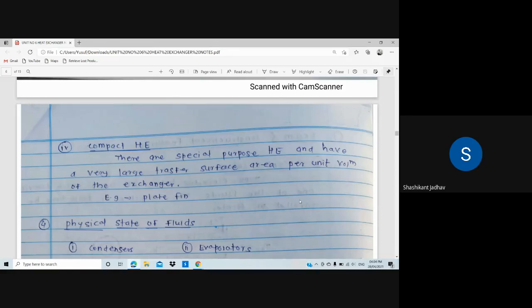Write down: there are special purpose heat exchangers and have a very large transfer surface area per unit volume of the exchanger.